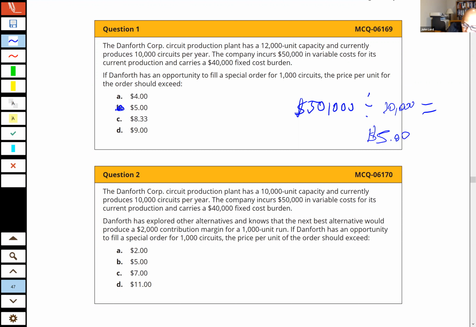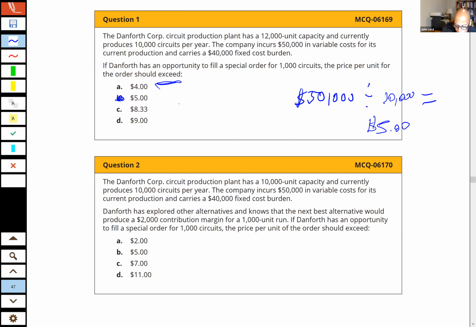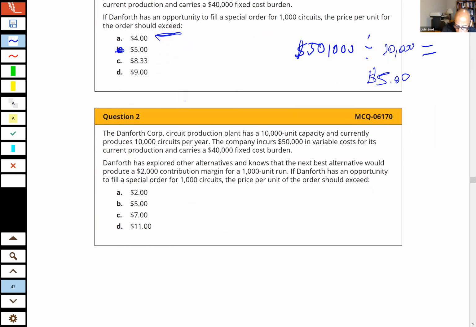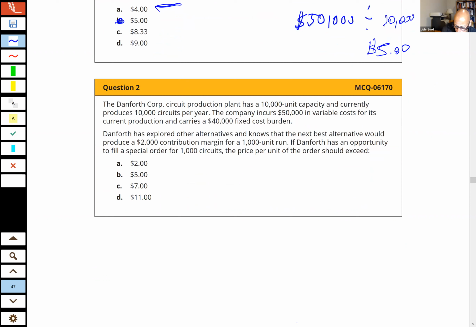Okay, so we have to at least charge $5, and of course we would charge more than that, because again, why would we do this unless we thought we would make some money? So it would exceed that $5. Okay. Yeah, I'll let you do this next. I was going to say we'll do it together, but let's let you look at it.